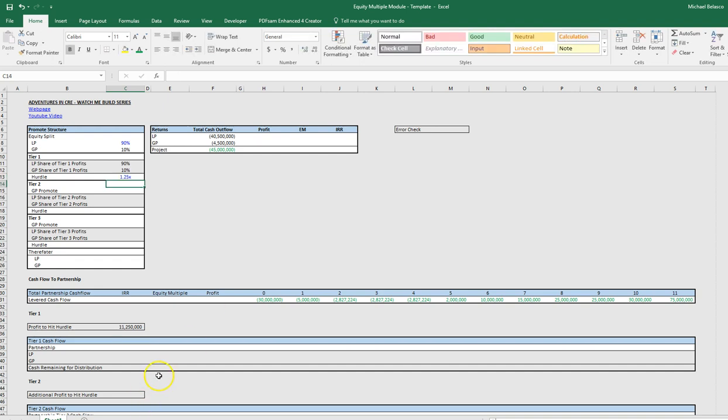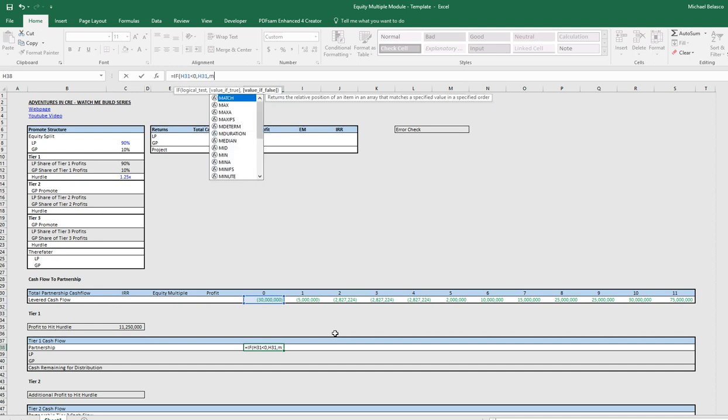All right, so let's build out the cash flow in tier 1. We're going to use one formula, and we're just going to copy and paste it all the way down. It's an if statement. So if cash flow in period 0 is less than 0, comma, then give us the cash flow in period 0. If the cash flow is positive, then give us the minimum of the cash flow in period 0 or C35, the profit to hit the hurdle.